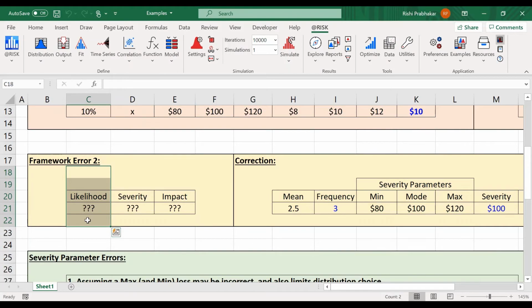What am I actually asking when I ask the expert, what's the likelihood of accidents? Because what could happen? Let's say we're just talking about this year, there could be no accidents. There could be 1 accident. There could be 2 accidents. There could be 3 accidents. There could be 4 accidents. So when I say what's the likelihood, what am I actually asking?